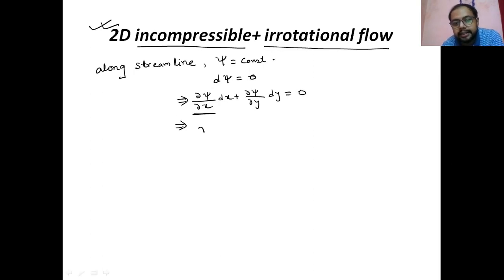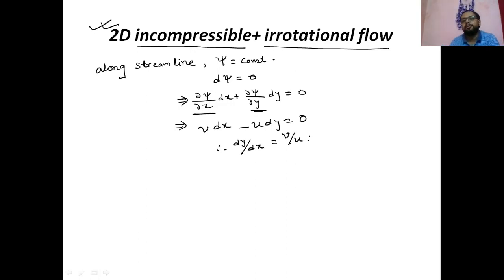This is v dx, and this is minus u dy, equal to 0. So dy by dx is equal to v by u. That is the slope of the streamline.